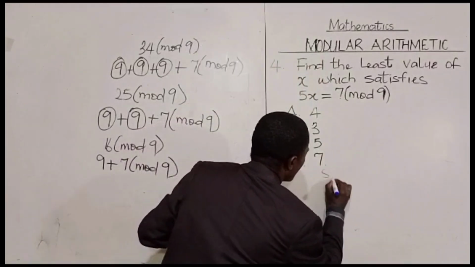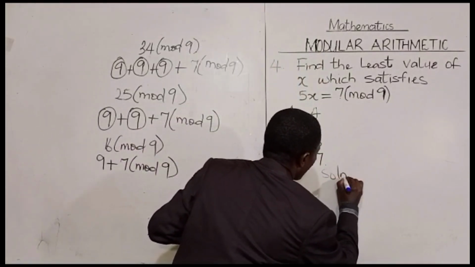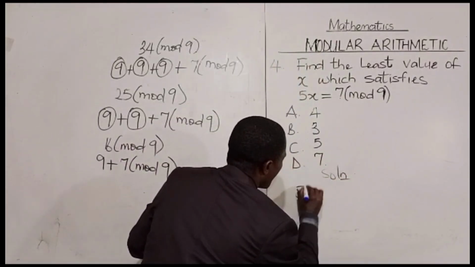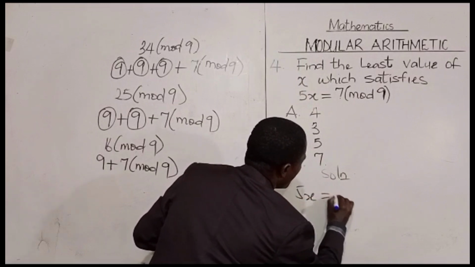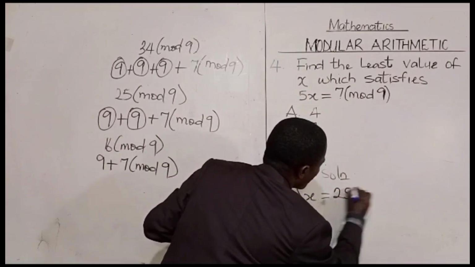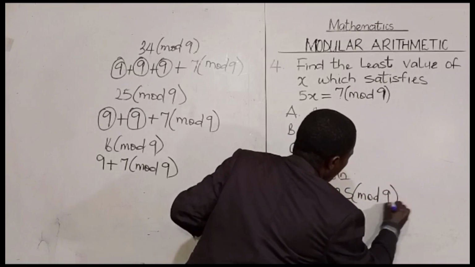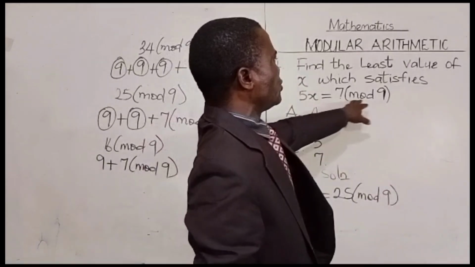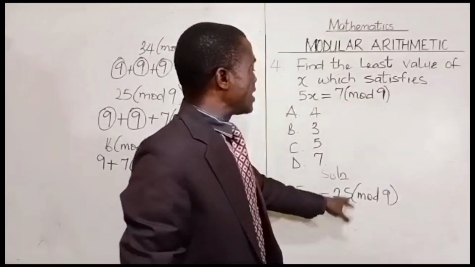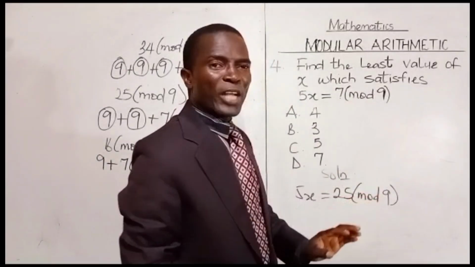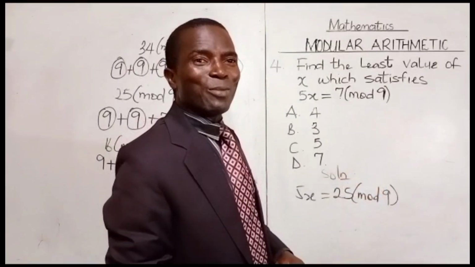Solution. 5x is going to be equal to 25 modulo 9. I have been able to replace 7 modulo 9 by 25 modulo 9 since the two of them are the same thing.